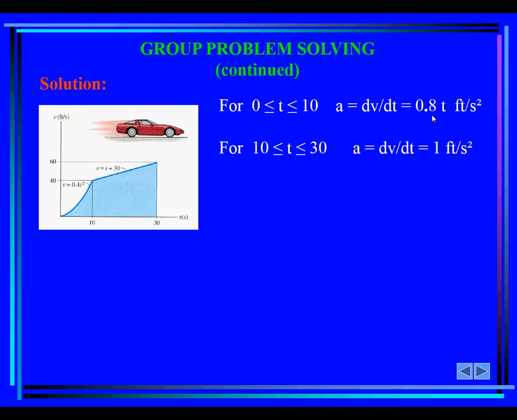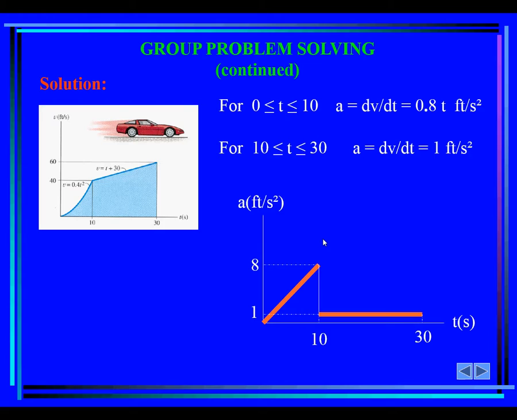And because this is a line, we can do what we just did because of the triangles and other figures that this generates. So we are able to find the acceleration during the other interval too.